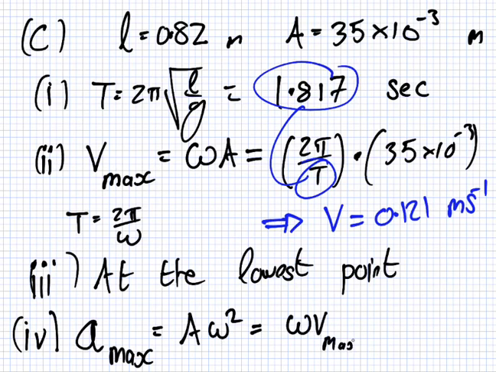If I just multiply my last answer by omega, I've got the answer. And omega is 2 pi over, which is 1 point. Okay, what did you get?